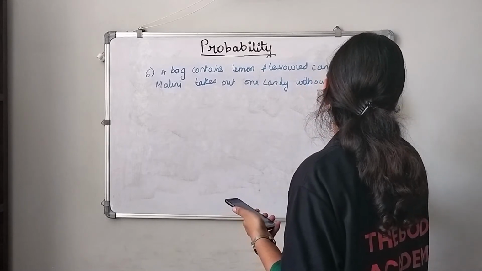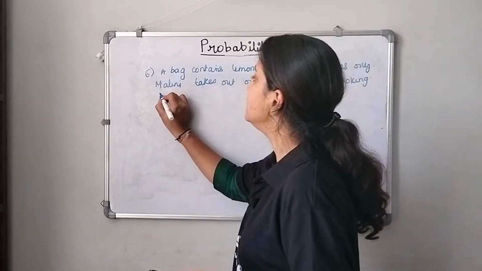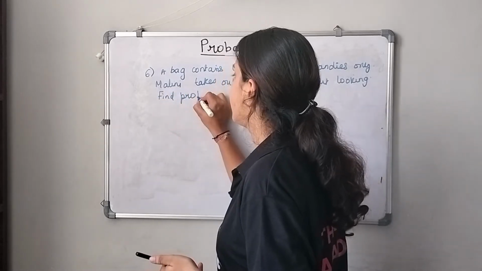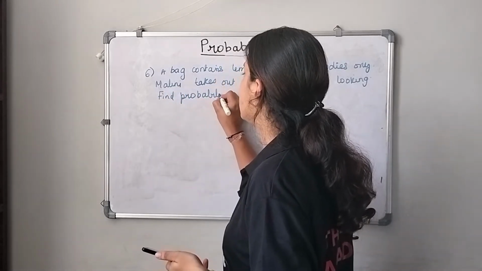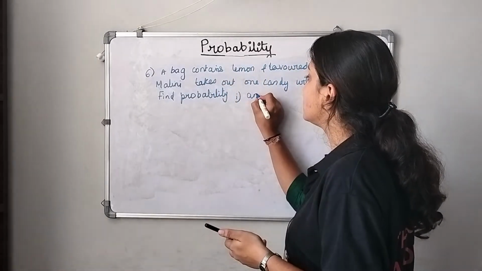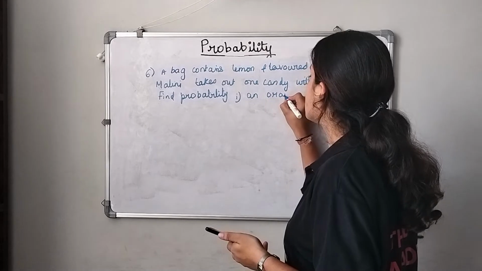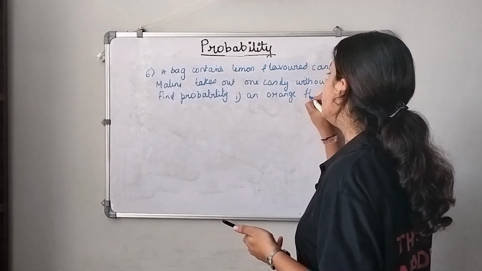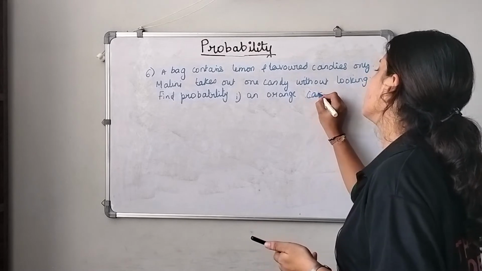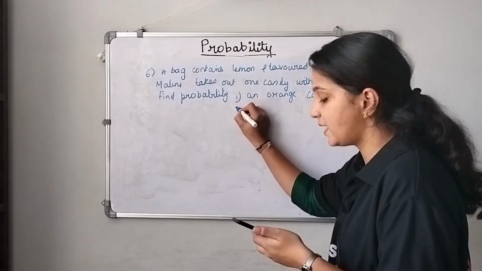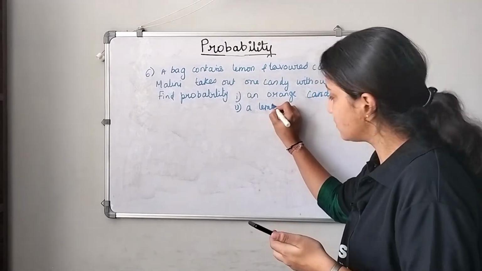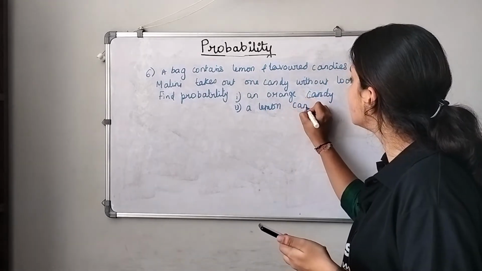Find the probability that it is, first, an orange flavored candy; second, a lemon flavored candy.